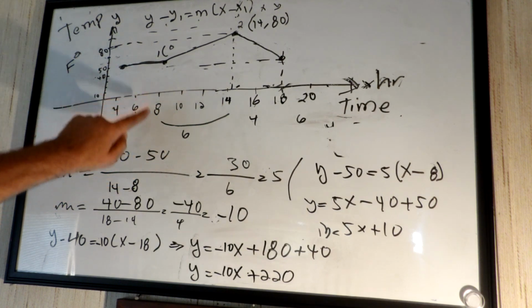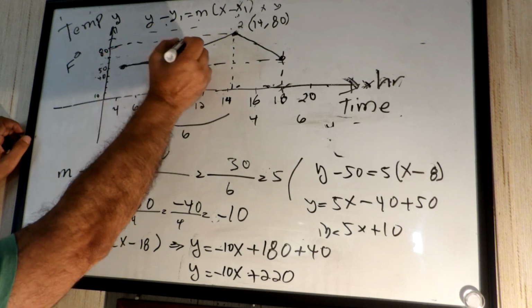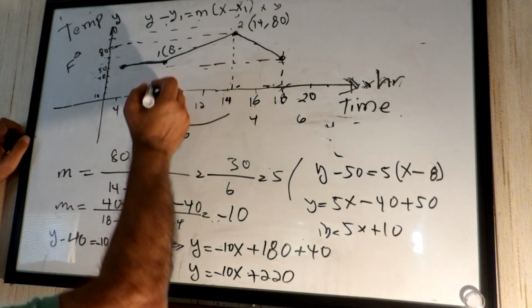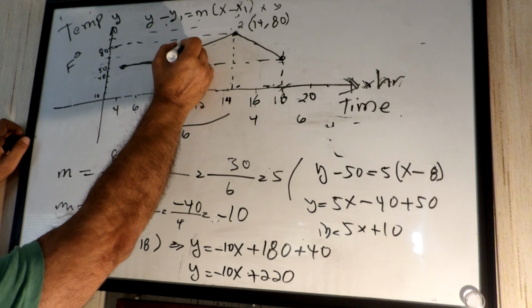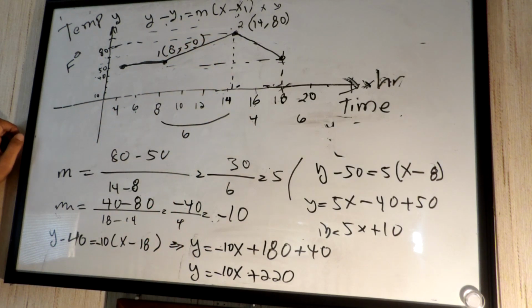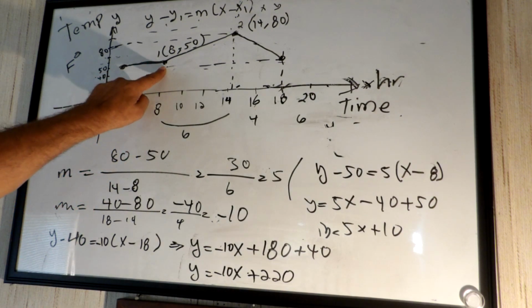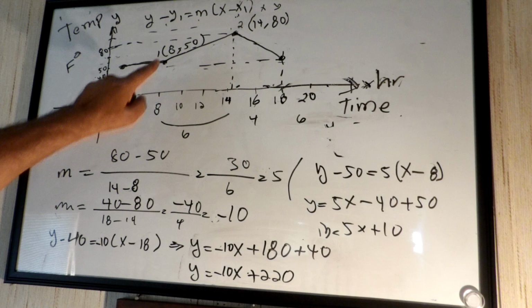Always write x first and then y. At point 1, x is 8 and y is 50. So (8, 50) are the coordinates of point 1. Now we are going to use that.